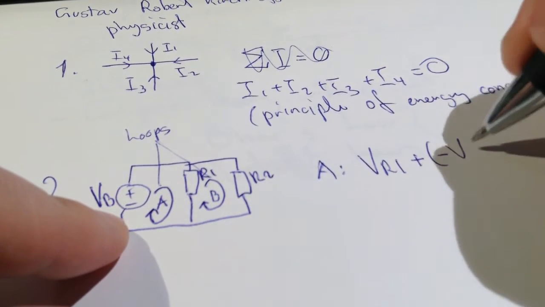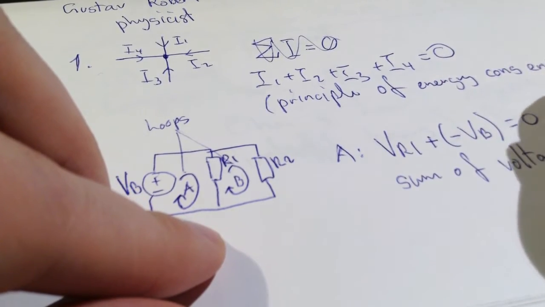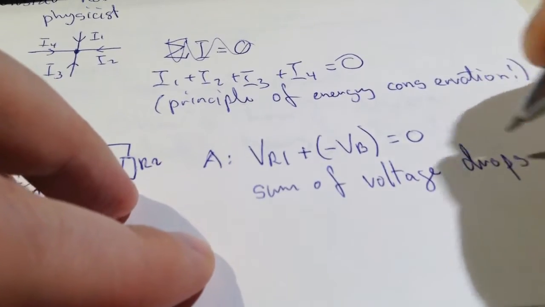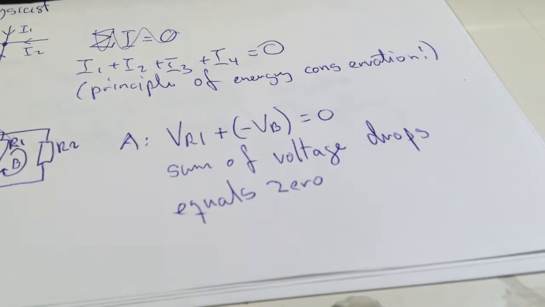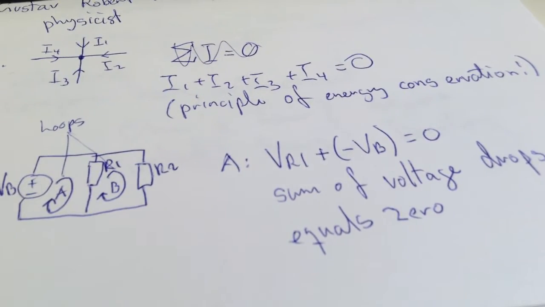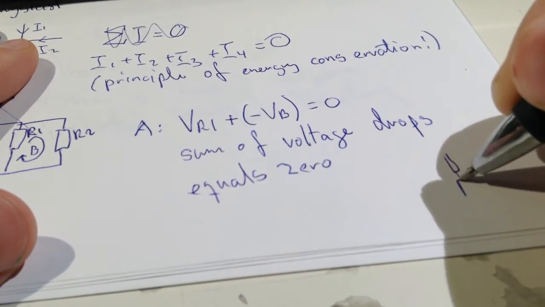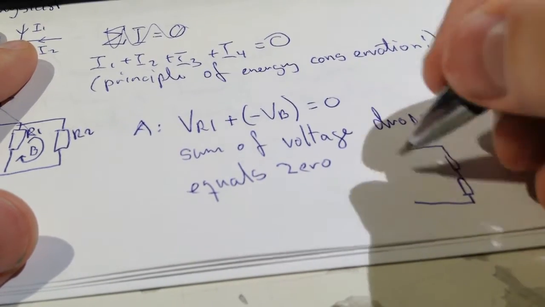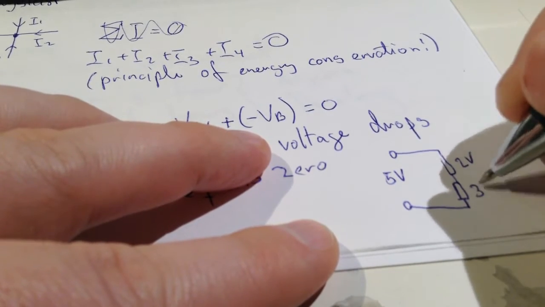However, we're talking about voltage drops here. So here's one example for loop A, where you have the voltage drop over the resistor 1, plus the opposite voltage of the battery, and the sum of that is 0. And it makes sense though, because you have the voltage of the battery over the resistance.